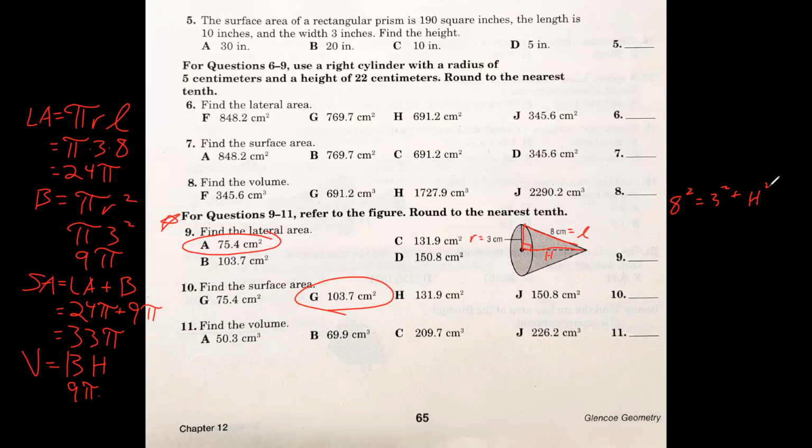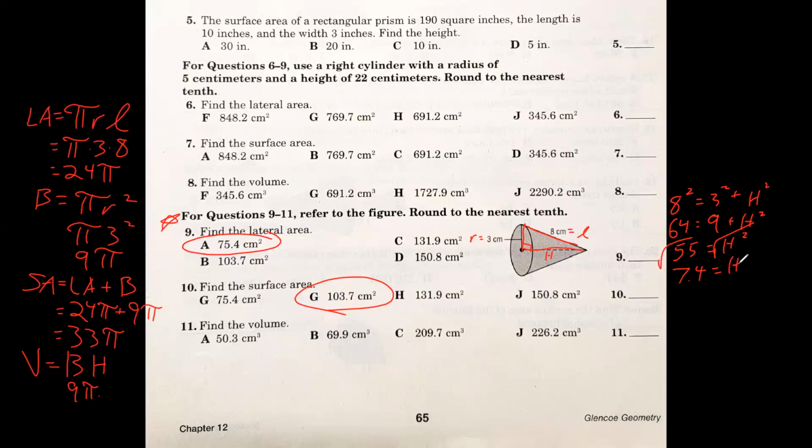The 8 was our c value. 8 squared is 64, 3 squared is 9. Solve for h. 64 minus 9 is 55. You're gonna get h by itself. 55 is not a perfect square. So our h value is roughly 7.4.